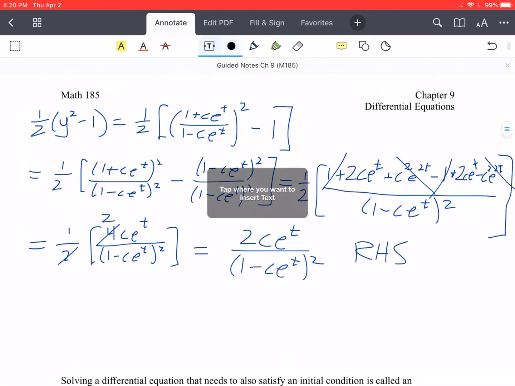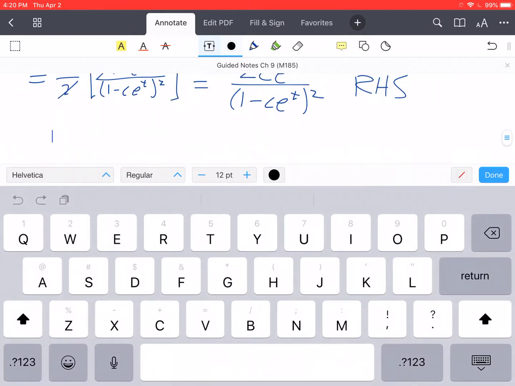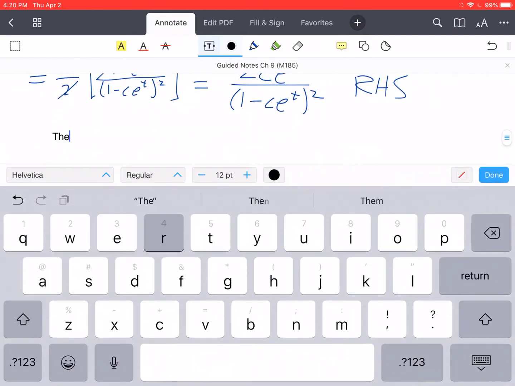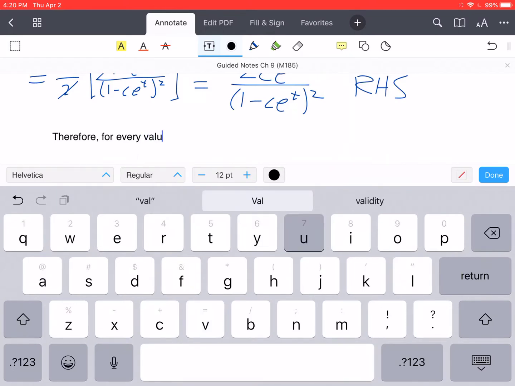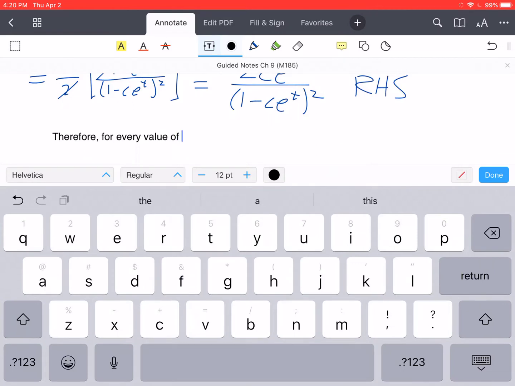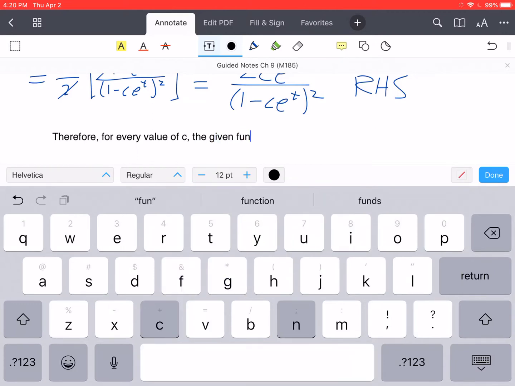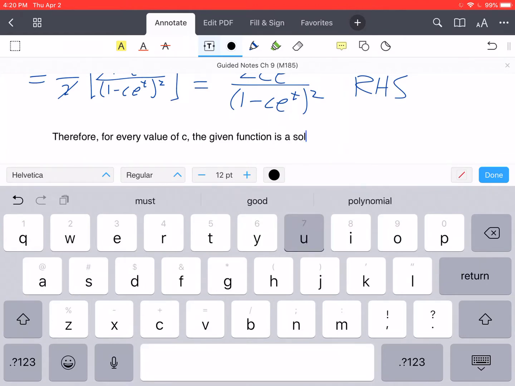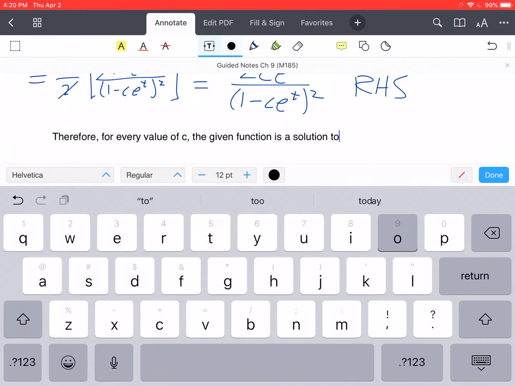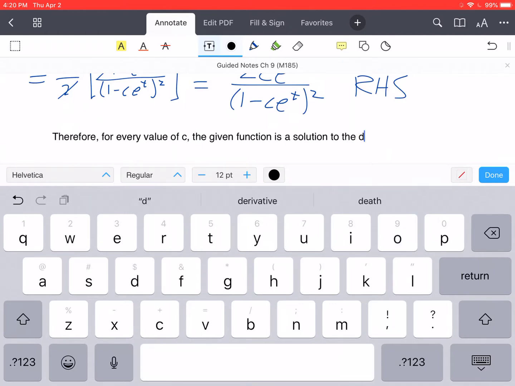So we can then conclude, therefore, for every value of c, the given function is a solution to the differential equation.